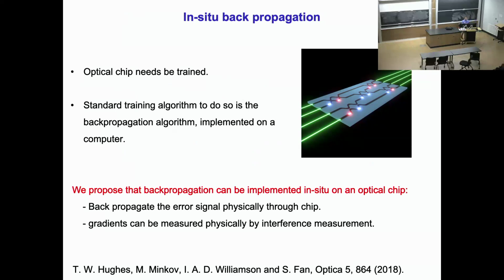The standard way to train a neural network on a computer is the backpropagation algorithm. So what we propose is to implement backpropagation in situ on an optical chip, where we will backpropagate the error signal physically through the chip, and then measure out the gradient of the cost function by physical measurement.